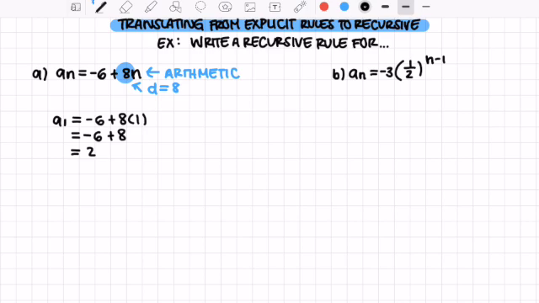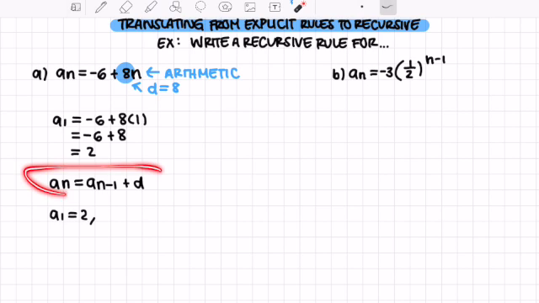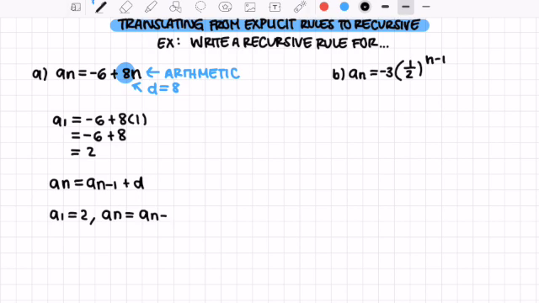So my formula for the recursive rule for arithmetic series is an equaling an minus 1 plus d. The given is going to be a1 equals 2, and the only thing that I'm really changing from my formula is the d. So I get an equaling an minus 1 plus, sorry, not 2, the difference was 8. And that would be my final answer.